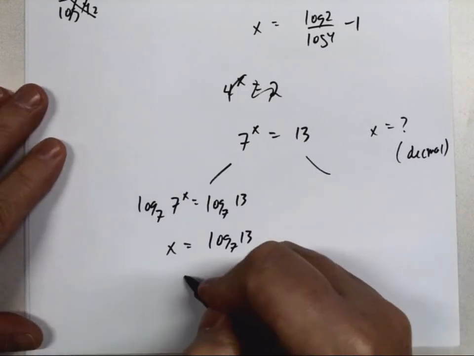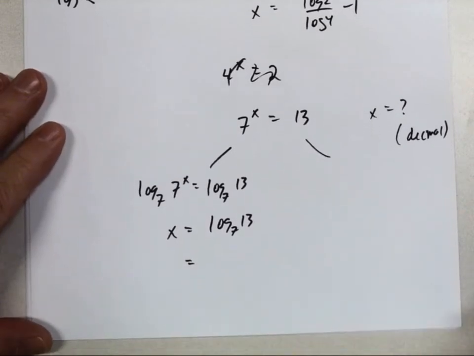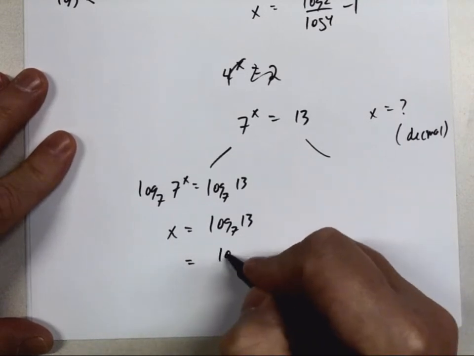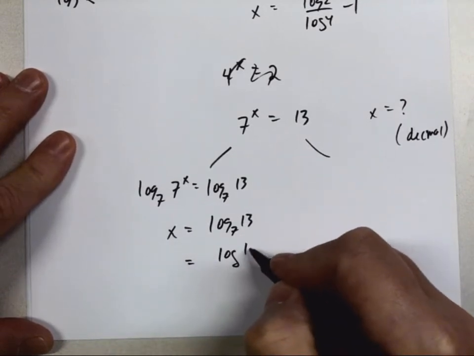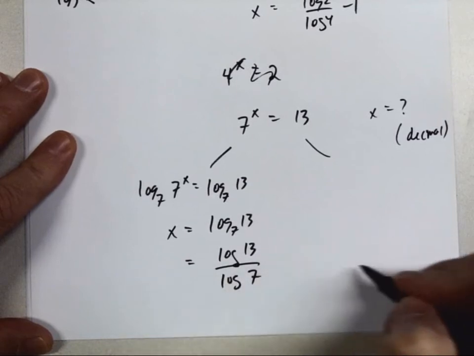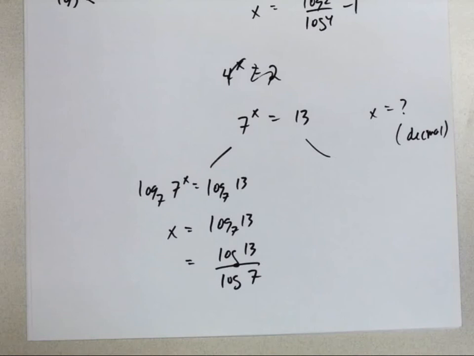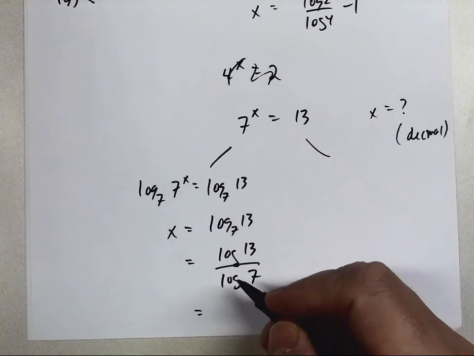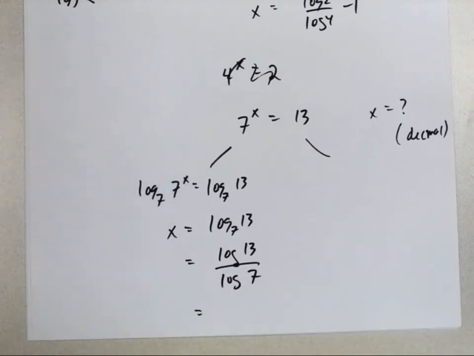However, I can do change of base. If I convert this to base 10, it'll be common log of 13 over common log of 7. Right? Change of base. If you need to go back, look at your notes. This is why change of base comes in handy. So now I can go grab my calculator.